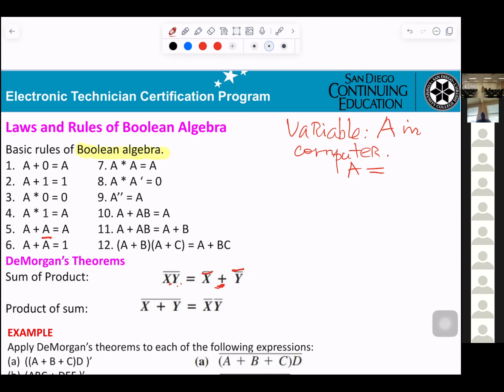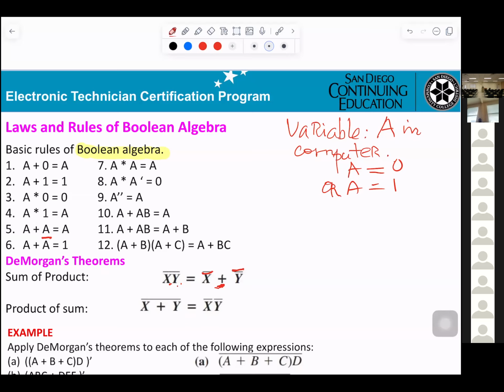You understand in computer, the binary, you get only two numbers, right? 0 or 1. If not 1, then 0. If not 0, then 1. That's why I say A can equal 0 or 1. A can be 1, nothing else. That is a variable.